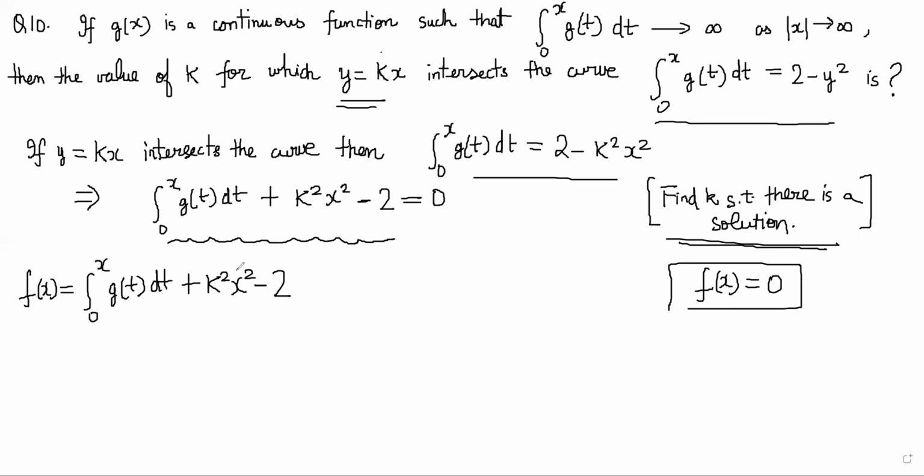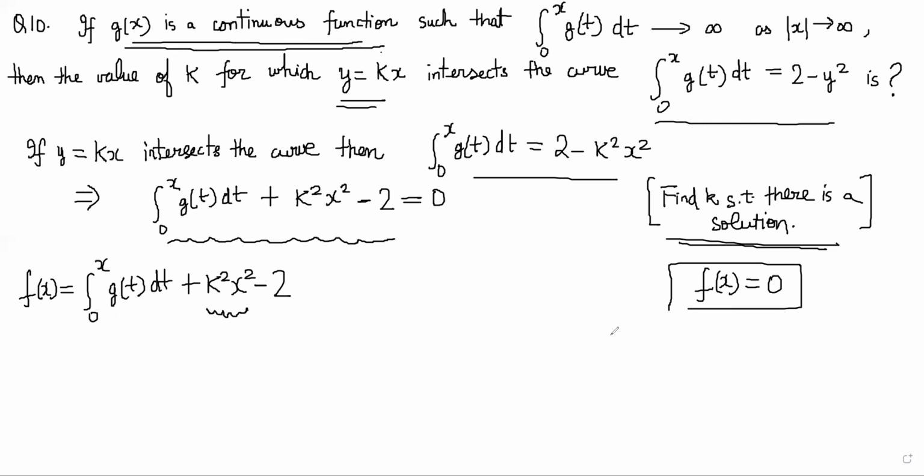Great. So now there is some information that is given to us, where g(x) is a continuous function. So if g(x) is a continuous function, then clearly this function k square x square is continuous for all x. And therefore the combination of multiple continuous functions will be continuous.